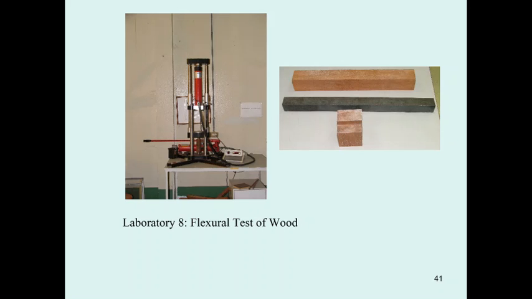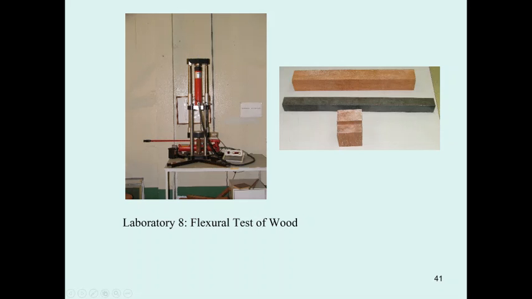Next, this is the 100 kilonewton universal testing machine, and it is going to be used to test the fracture of wood, and the fracture tests of steel and cast iron. The mechanics of this machine start by pumping the hydraulic oil, and then the hydraulic oil moves into this hydraulic cylinder, and it is going to push this part up.